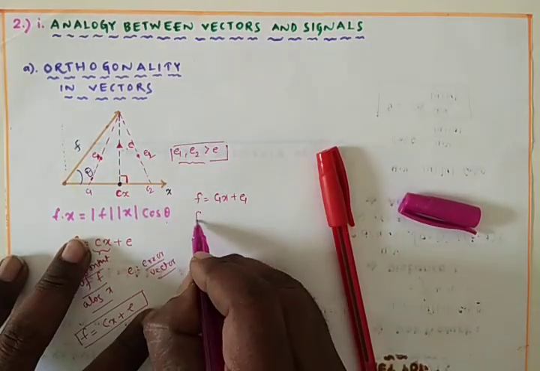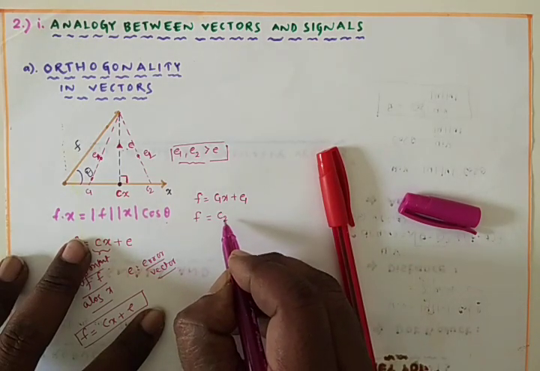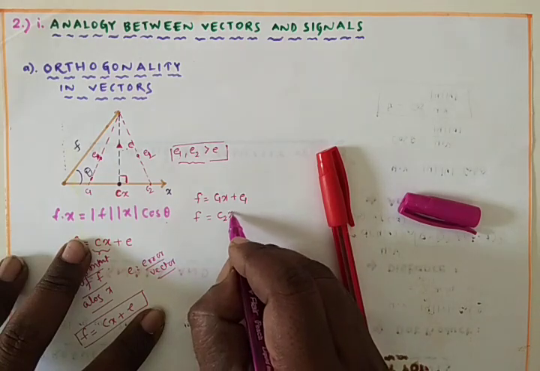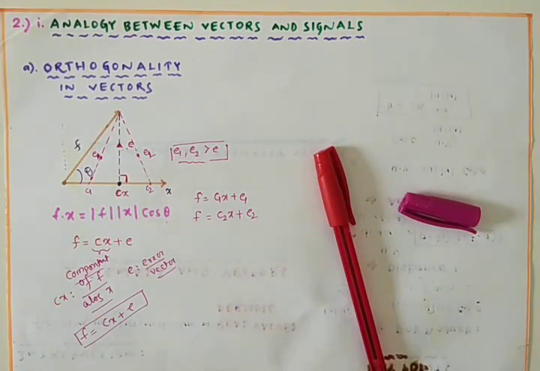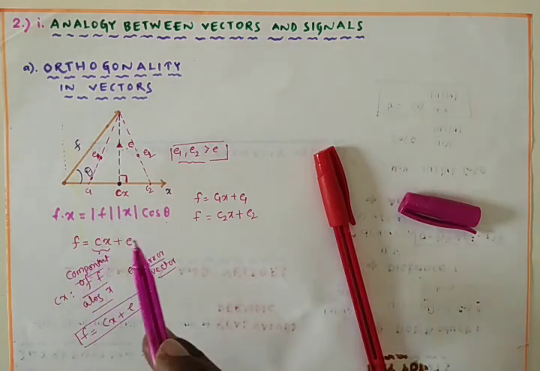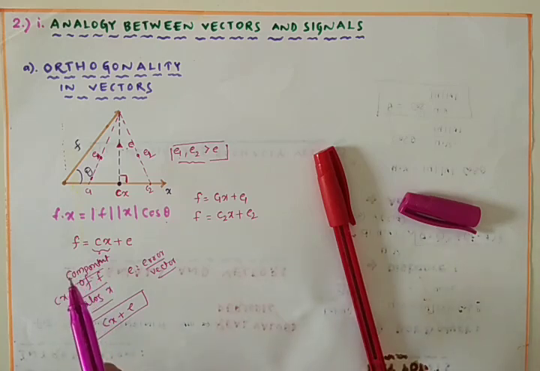And coming to the second point, we can define f is equal to C2x plus E2, where E2 is the error vector. Likewise, we can define these points, so that in these three cases, wherever E is minimum, then only we can say that f is perpendicular to x.